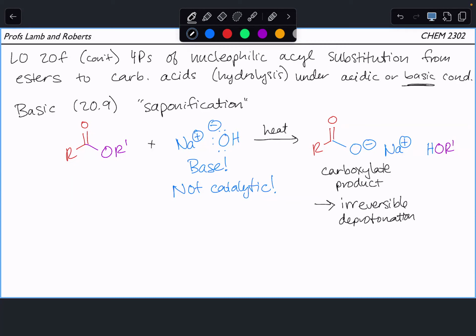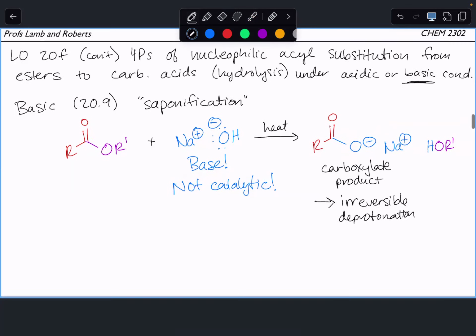So unlike the acid conditions, which were reversible, right? We're having to bias it either towards the starting material or the product. In this case, it's irreversible because that last deprotonation step drives it forward. It's also the reason why we have to have not catalytic base, because your base is going to get eaten up by deprotonating that last step.